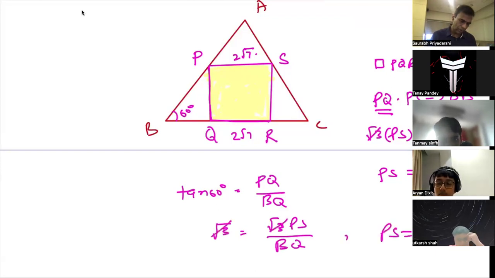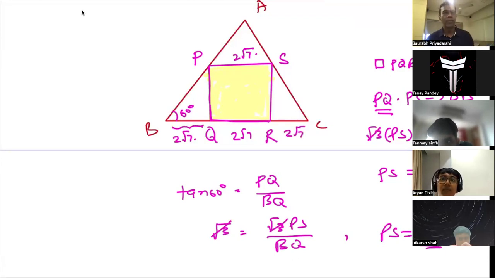PS is equal to BQ. Is this okay? So again, this length is coming as 2 root 7. And by symmetry, I'm getting this length as 2 root 7. So now I have to find PC.